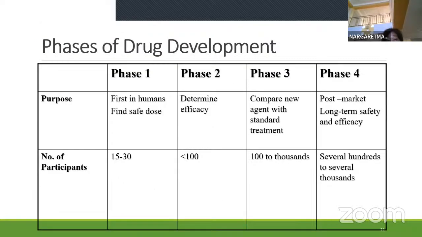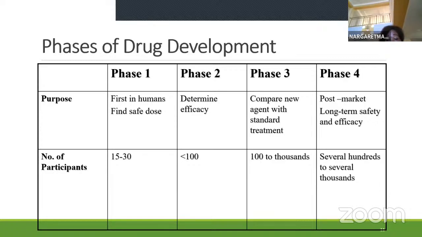So these are the 4 phases of clinical trials. The first one is the one that is carried out in humans to find a safe dose to administer. Therefore, a very minimum number of participants are recruited.